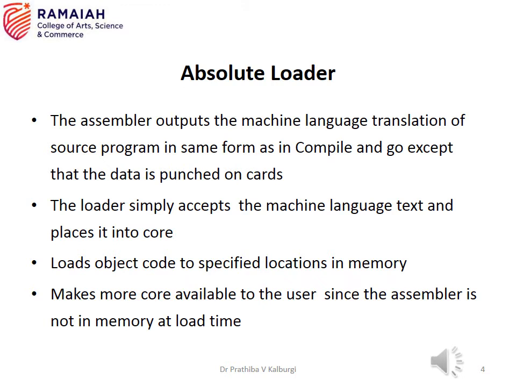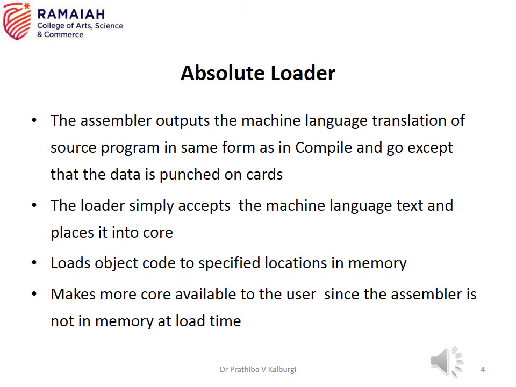In this scheme, the assembler outputs the machine language translation of the source program in almost the same manner as in the compile and go loader, except that the data is punched onto cards, which are directly placed into the memory.